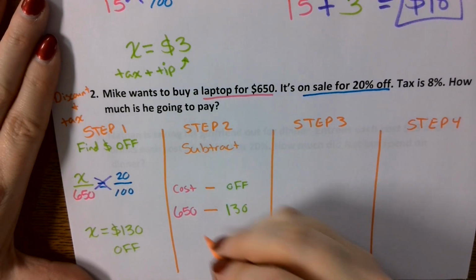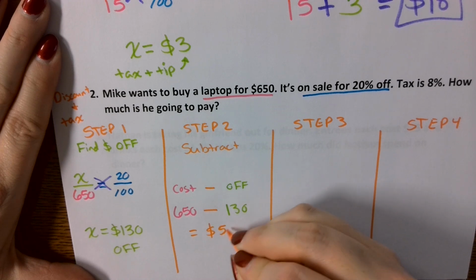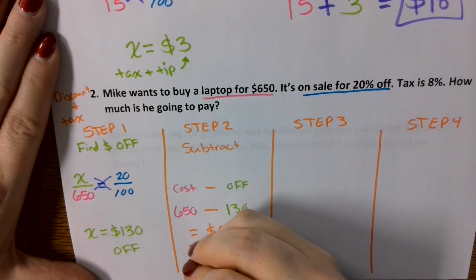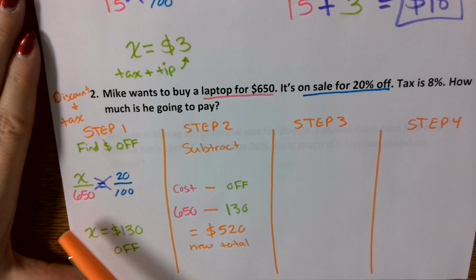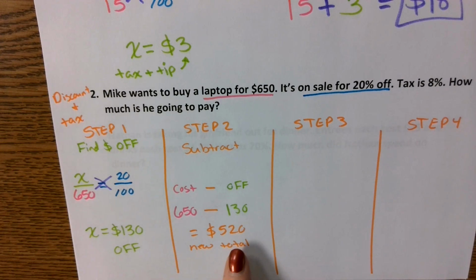So once we've subtracted it, we're going to get $520. This is going to represent our new total. $650 was originally our total. Now 520 is our new total.